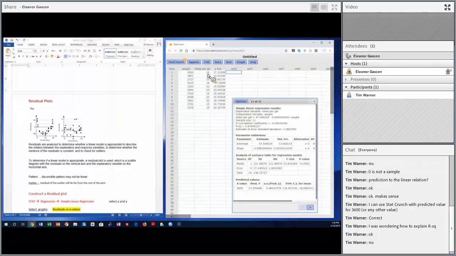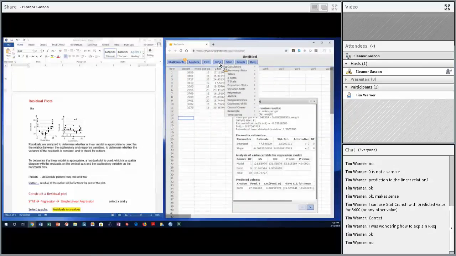Ah, yeah, here we go. It's Y minus Y hat. That's the residuals. Okay?